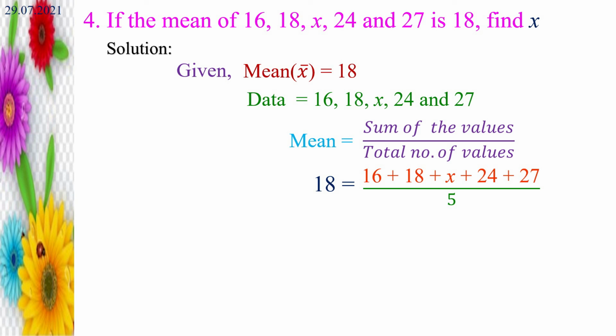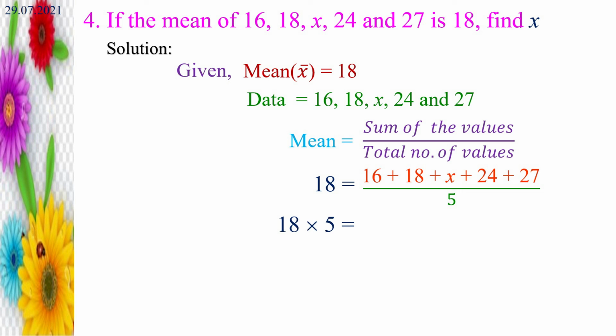Now we have to add the values here. 16 plus 18 plus 24 plus 27 is 85, plus the variable x. Now 5 should be brought to the left side, as it is in division on the right side. It should be brought to the left side as multiplication by the transposing rule.